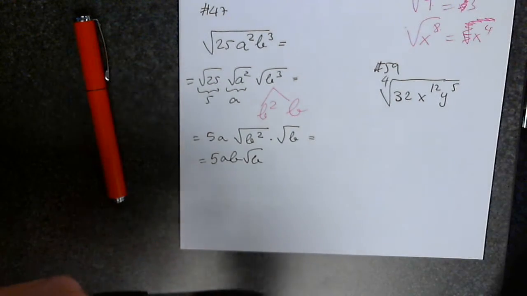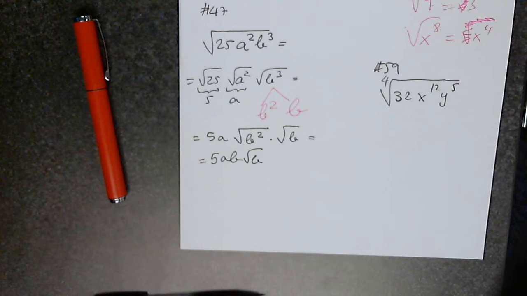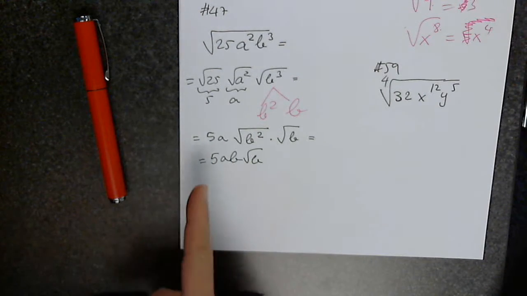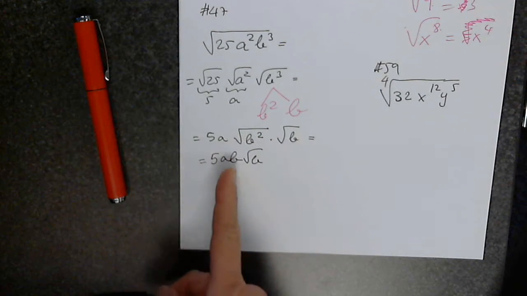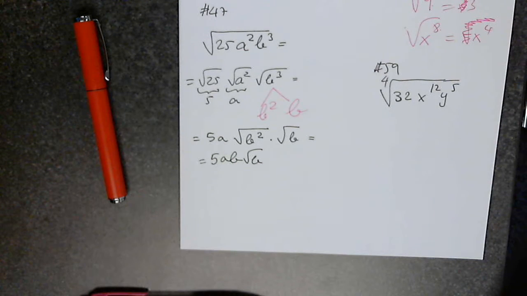Excellent. So let's work on 59, please. And that's final. But remember, if I'm told that a and b can be any real number, I would have to use the absolute value on the product ab. Is that ab? Yes, I'm sorry, forgive me.